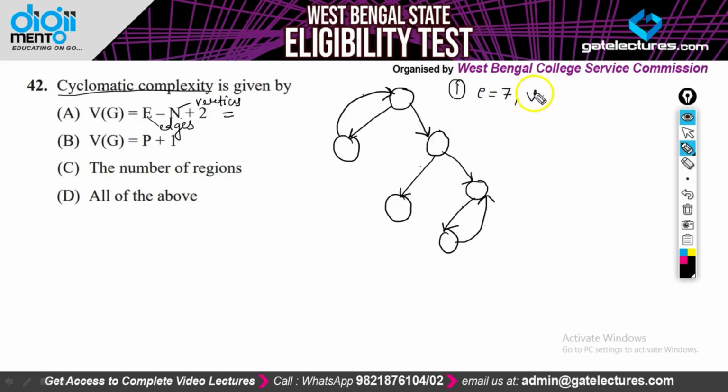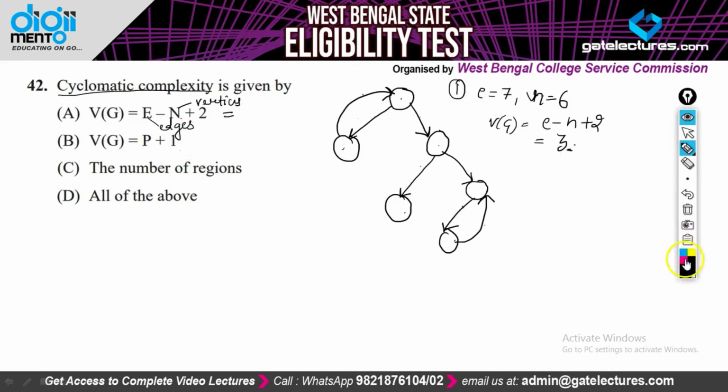You can also say N or V. 1, 2, 3, 4, 5, 6. So N is 6. Using the formula Vg equals E minus N plus 2, we get 7 minus 6 is 1, plus 2 equals 3. So we are getting 3 as the cyclomatic complexity from the first formula.